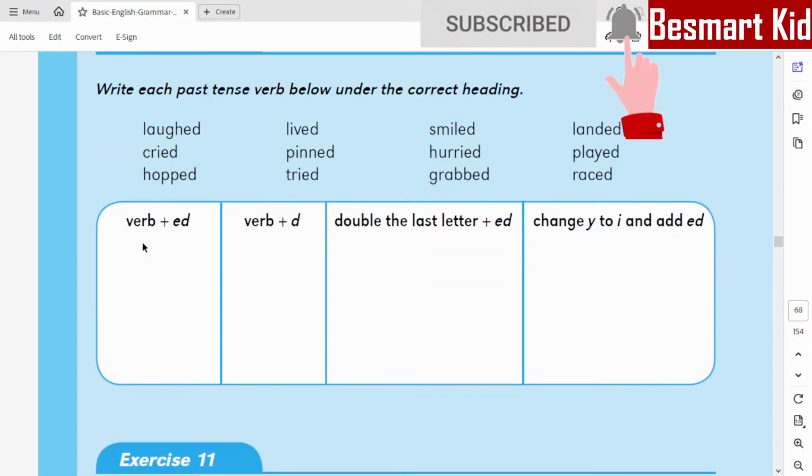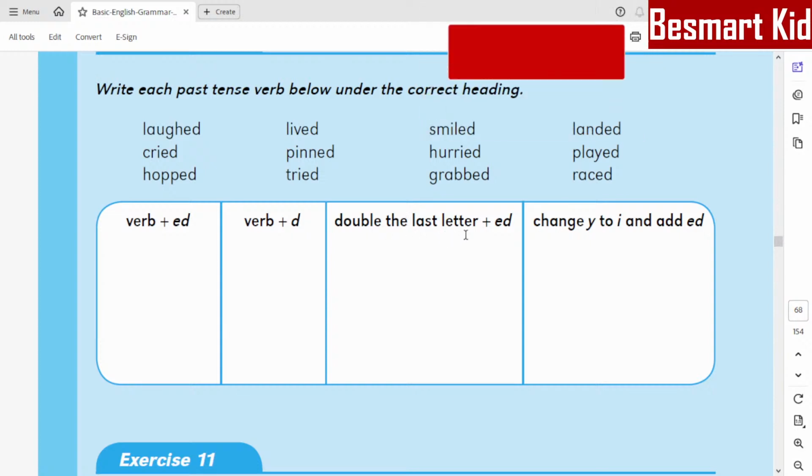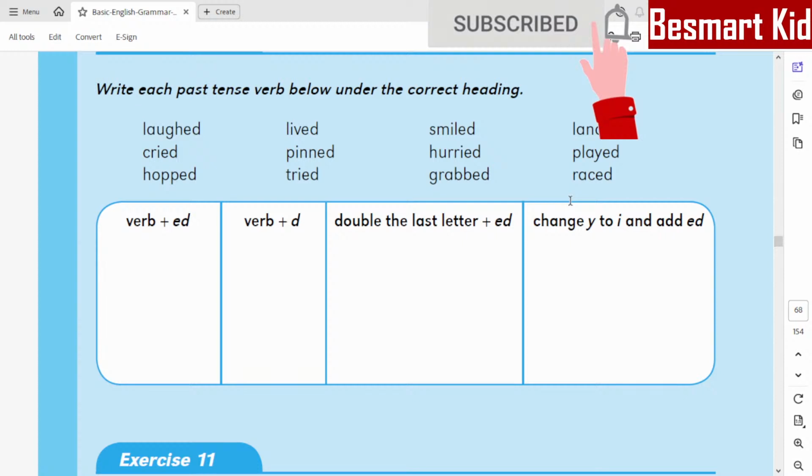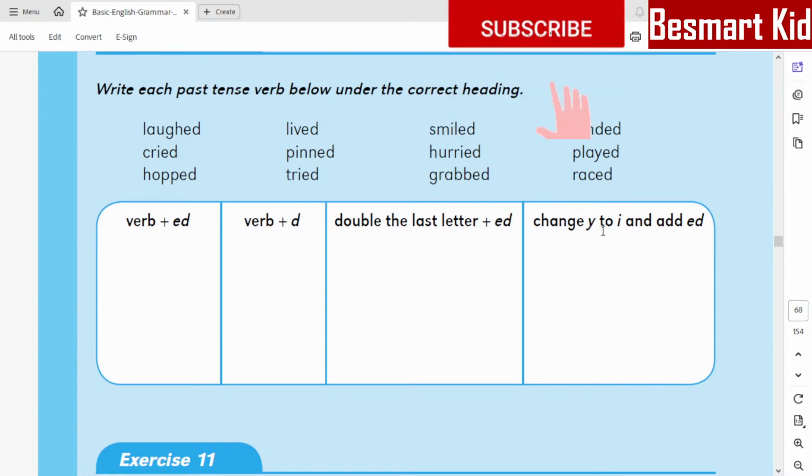The headings are verb plus ed, verb plus d, double the last letter plus ed, change y to i and add ed.